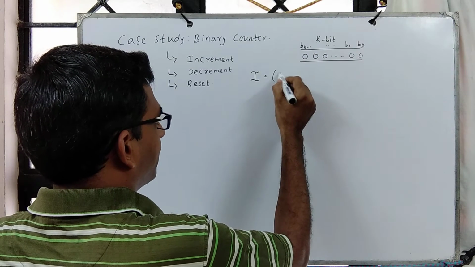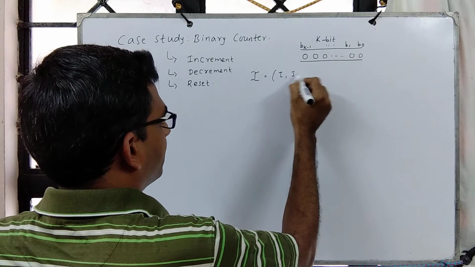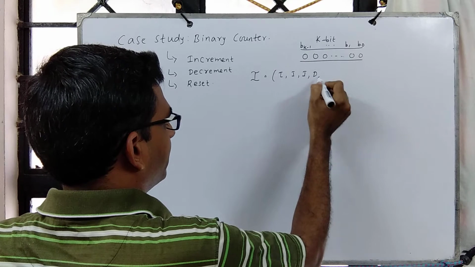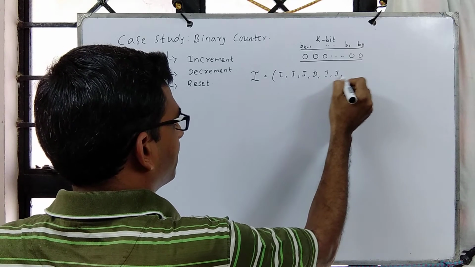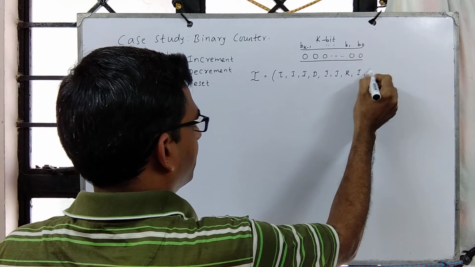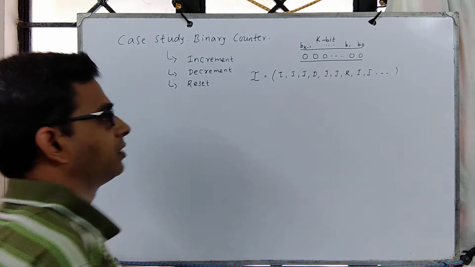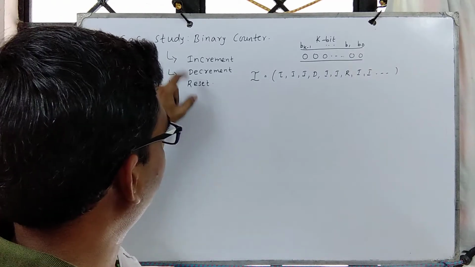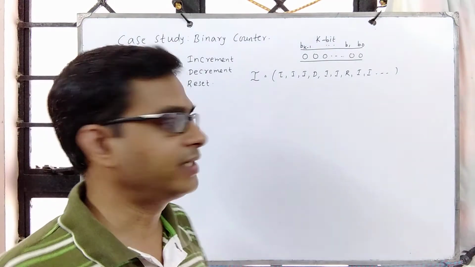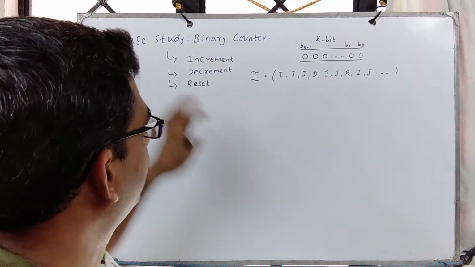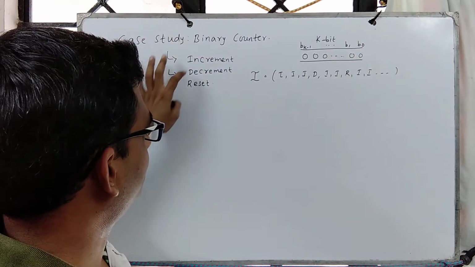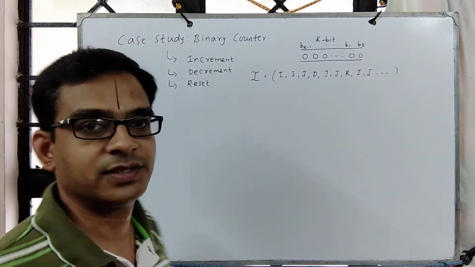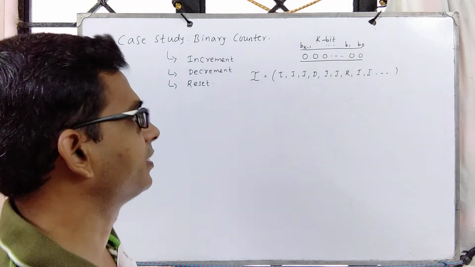That may be increment, increment, increment, maybe decrement, then increment, increment, reset, then increment, increment, something like this. An arbitrary sequence consisting of increment, decrement, and reset. Now, what is the amortized cost of each of these operations? That's precisely the focus.